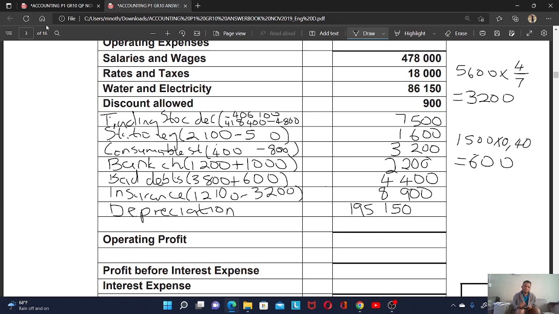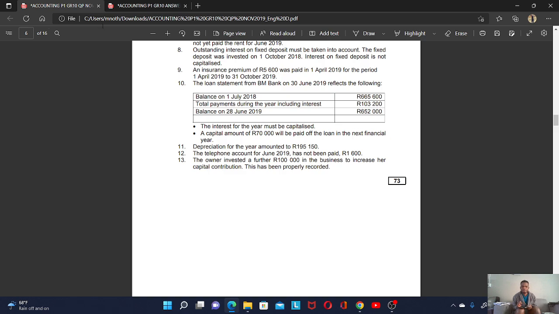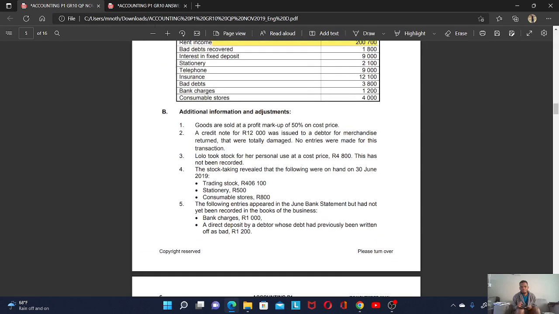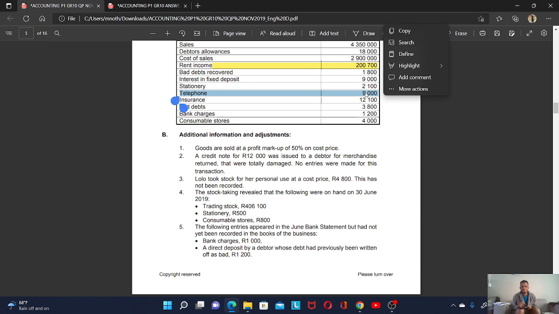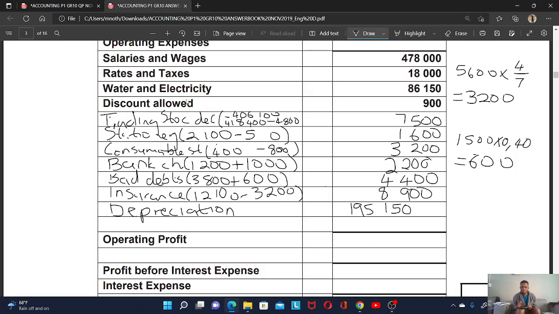And then we have a telephone account. How much is the telephone in the trial balance? It's 9,000 rand.